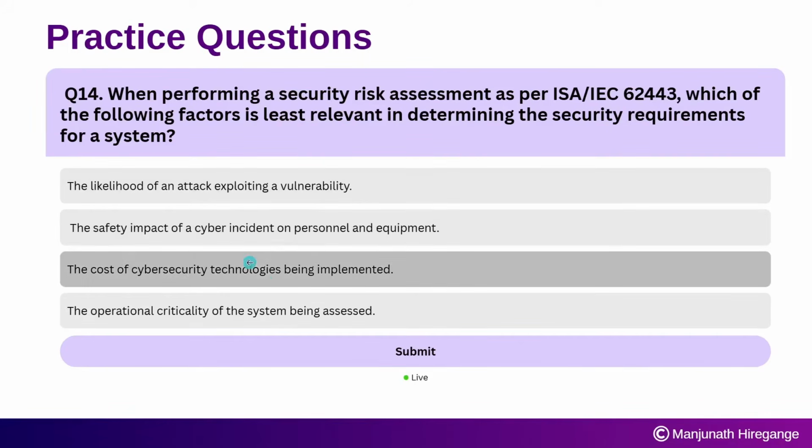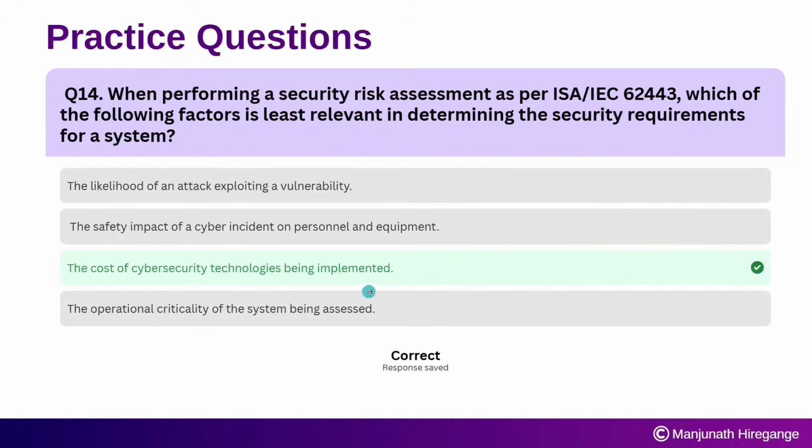So, definitely the answer is the cost of cybersecurity technologies being implemented, because the primary goal is to ensure safety, reliability, and operational continuity. Maybe cost is also a practical consideration, but it is not a determining factor for defining the security requirements.